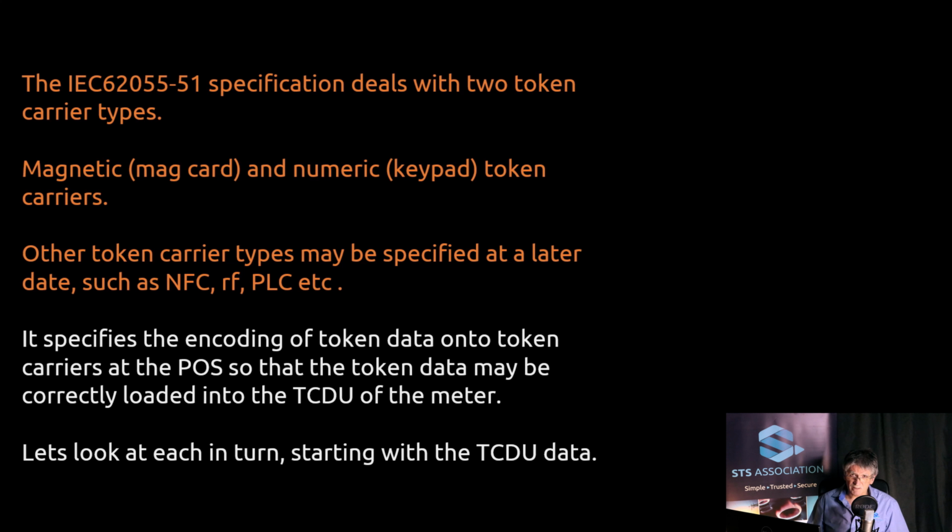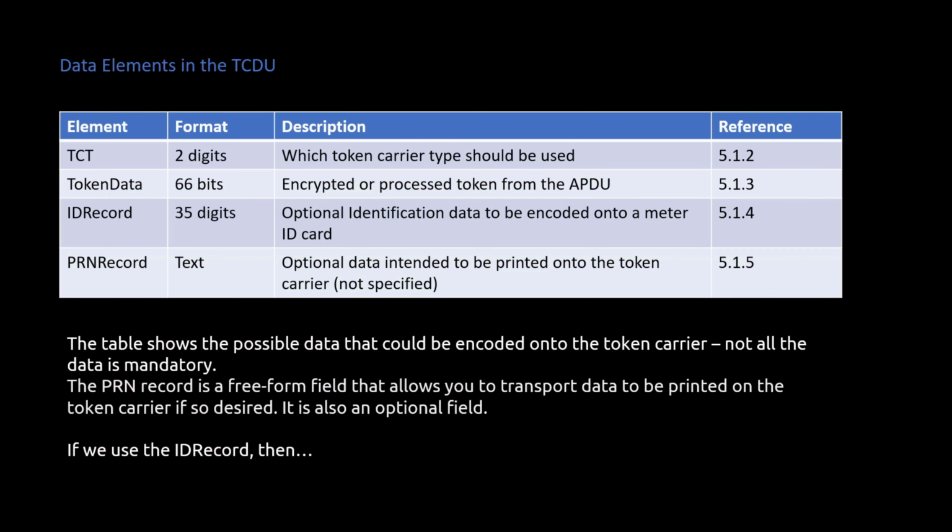Other token carrier types may well be defined, specified at a later date, such as near field communication, radio frequency, power line communication, etc. The document essentially specifies the encoding of token data onto token carriers at the point of sale so that the token data may be correctly loaded into the TCDU of the meter. Let's look at each in turn, starting with the TCDU data.